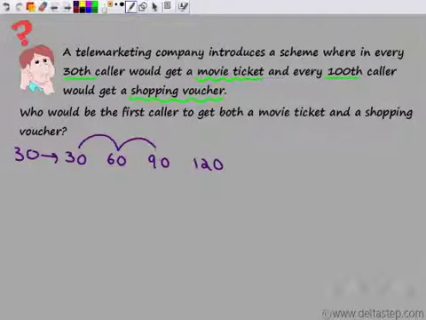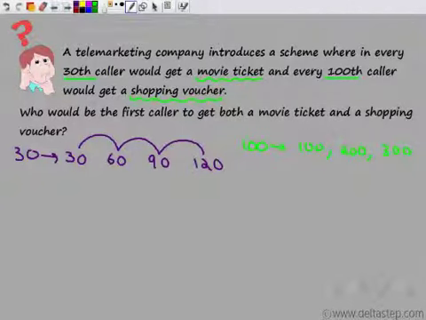So movie tickets are given in multiples of 30. We also know that every 100th caller would get a shopping voucher. So let's write multiples of 100 here now. The shopping voucher would be given in multiples of 100. The 100th caller would get it, then the 200th caller, then the 300th caller, and so on.